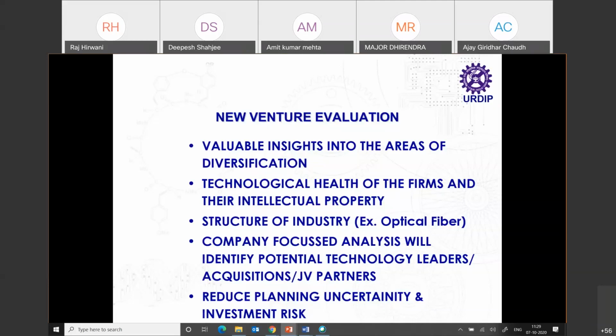This kind of company focus analysis also identifies technology leaders, joint venture partners, or even targets for merger and acquisition. It is regularly done. Today, government is putting a lot of money in solar energy.